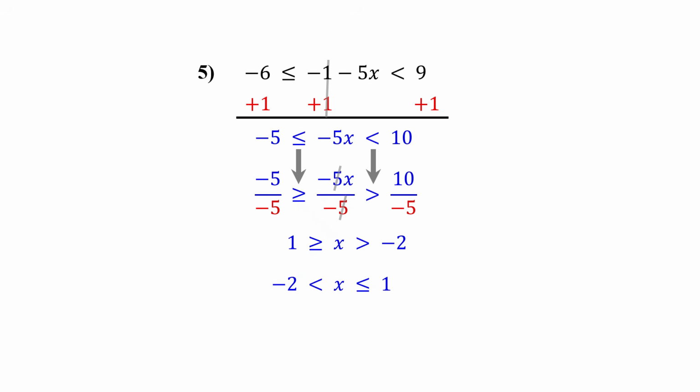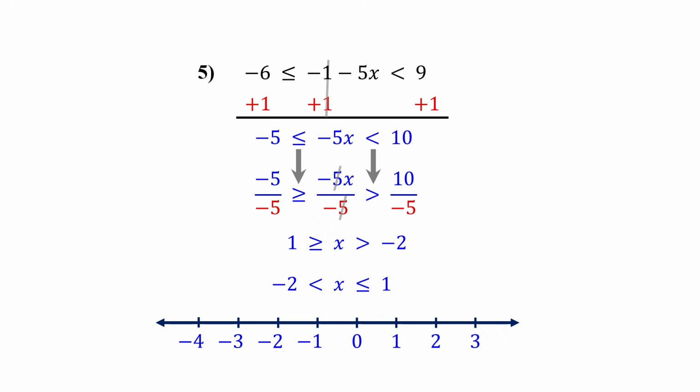Now everything is written correctly and makes sense. Double inequalities are always written this way, from smallest to largest, and they always use less than or equal to signs. That's your final answer in inequality form. X can be any number between -2 and 1, including 1, but not -2.